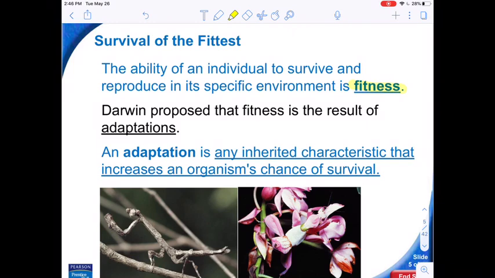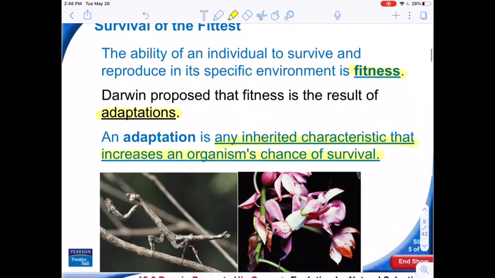And it's able to survive in these environments as a result of adaptations. An adaptation is any inherited characteristic that increases an organism's chance of survival. So 2 examples here, we've got the stick bug, which is this whole creature here. This is actually a bug, an insect, that has adapted to blend well with its environment so that it doesn't get eaten.